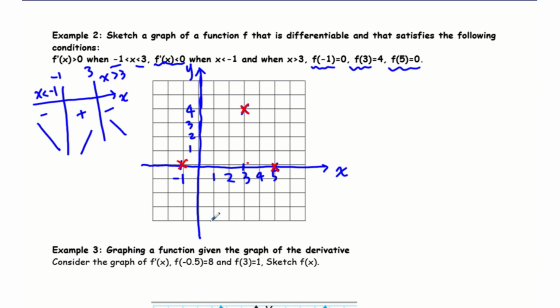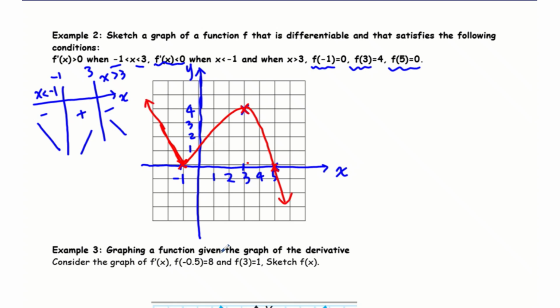Then we are going to decide. On the left side the slope is negative, so the graph needs to go down. Then from negative 1 to positive 3, the slope is positive, so it goes up. Then after positive 3 it is going down again and passes this point.